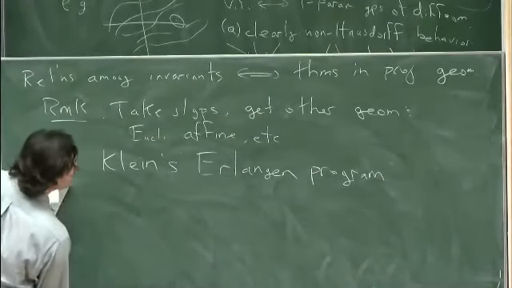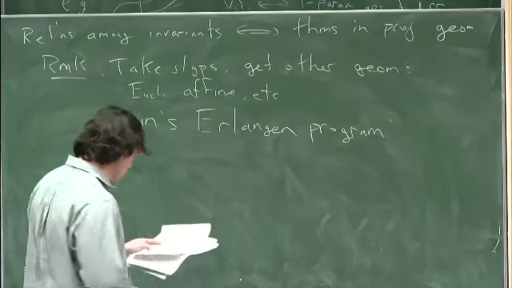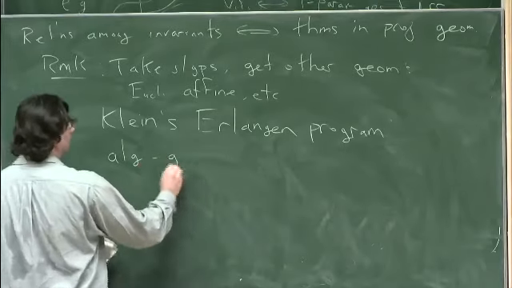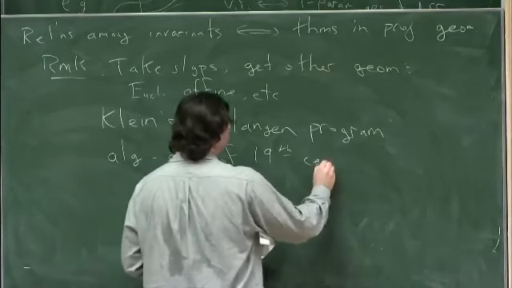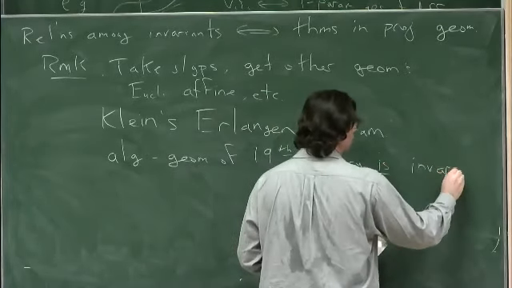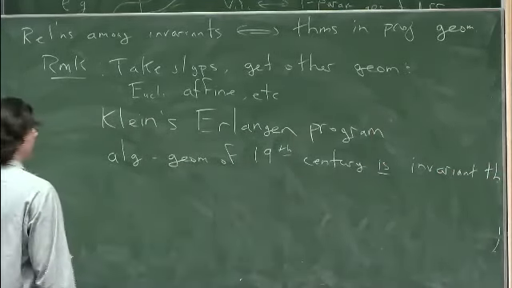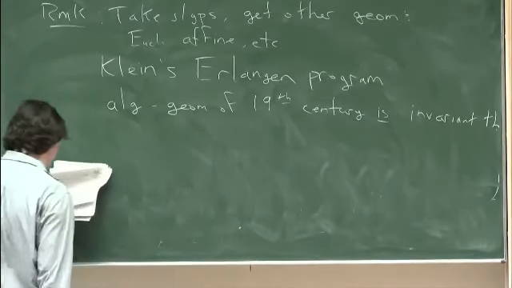In his day, algebra and geometry were linked by invariant theory. They were more or less exactly the same thing. So algebraic geometry of the late 19th century is invariant theory. You might say this is the geometry of invariance rather than geometric invariant theory.